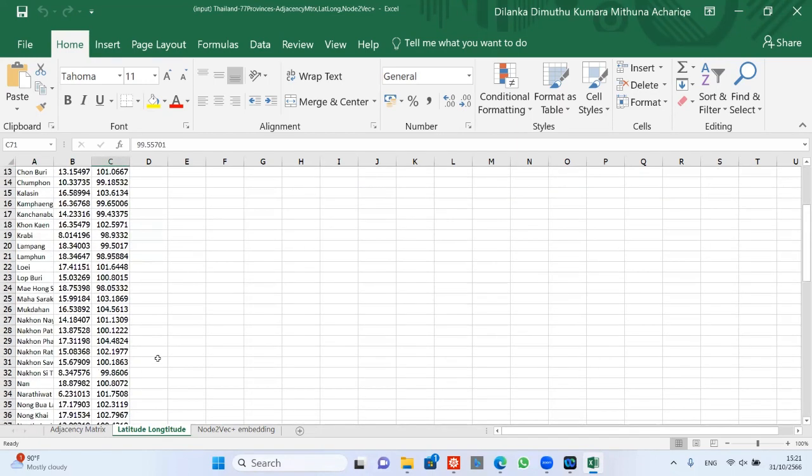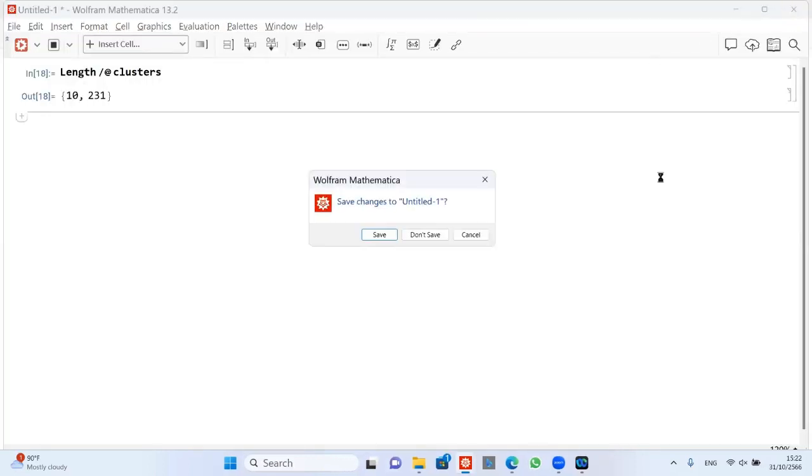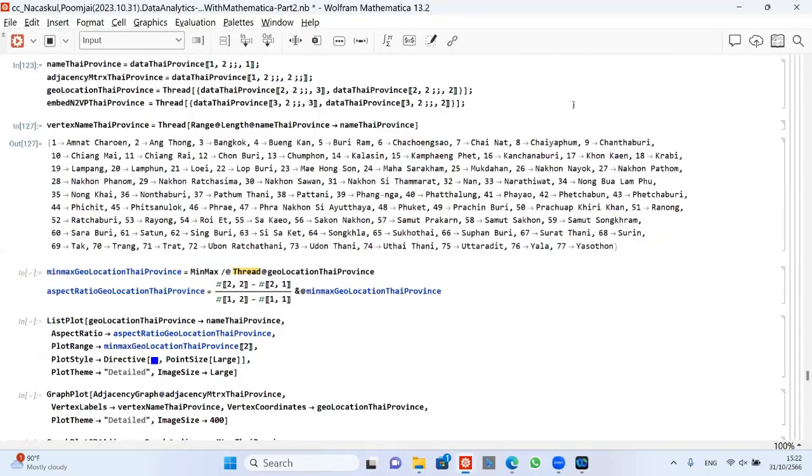Okay. Now, the other page also gives you 2 numbers, except this is from a machine learned graph embedding. It's done separately. In fact, this is done using a GitHub Python function. Okay. But anyway, the point is, those are locations in 2 dimensions.